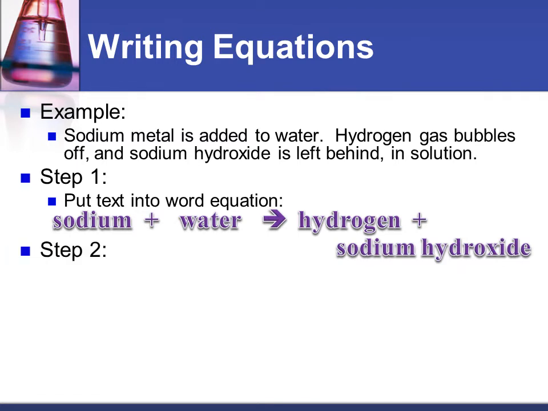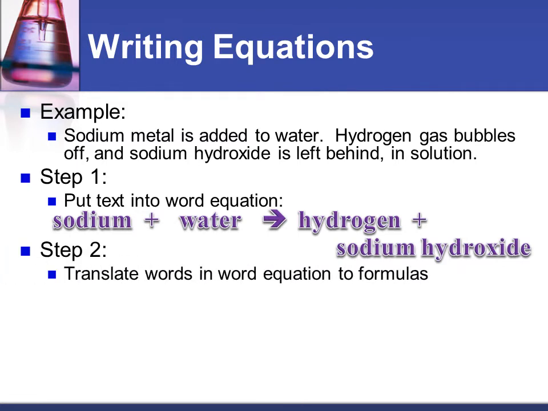Step 2 is to translate this into formulas. This is probably the hardest part about this chapter, remembering how to write your formulas. We just did this, so it shouldn't be that hard, but this is the hardest part for people. Sodium is easy: Na. We leave our plus sign there. Water is H2O, and we leave our arrow there. Hydrogen, you may or may not remember, is a diatomic molecule.